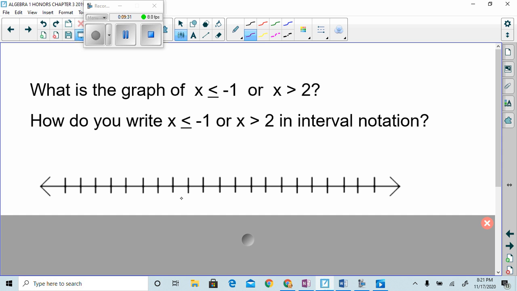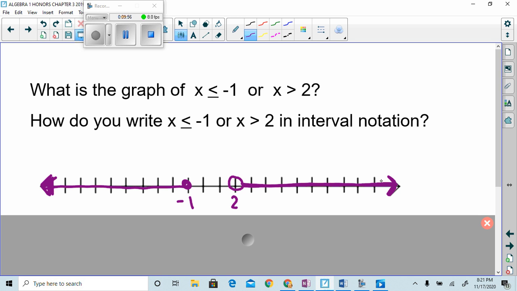We'll say this is -1 right here, and here's 2. Closed circle at -1 and shading into negative infinity. Open circle at 2 and shading into positive infinity. This is an OR inequality graph.